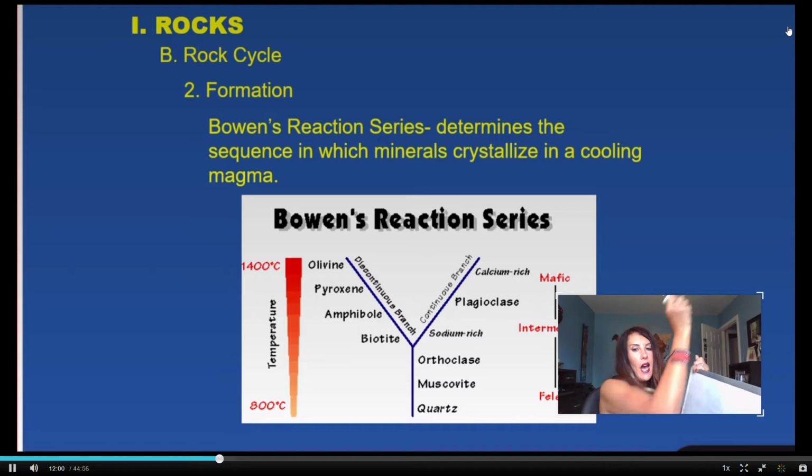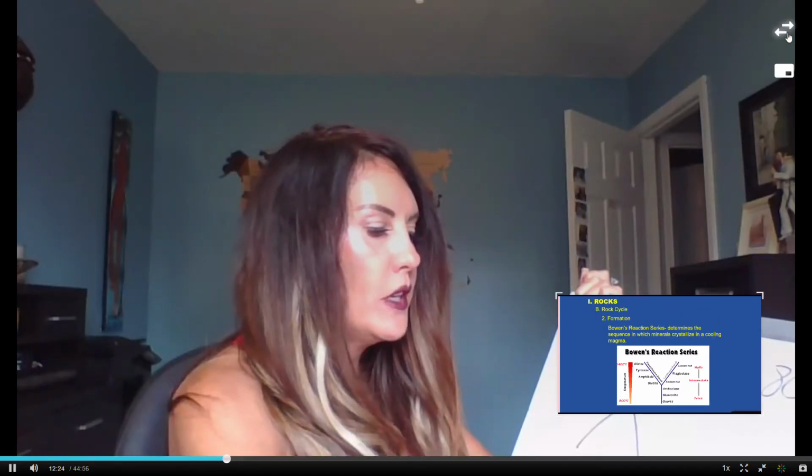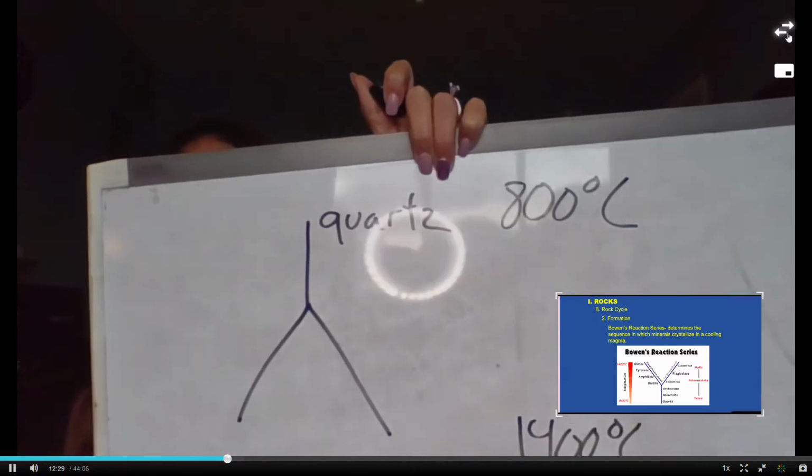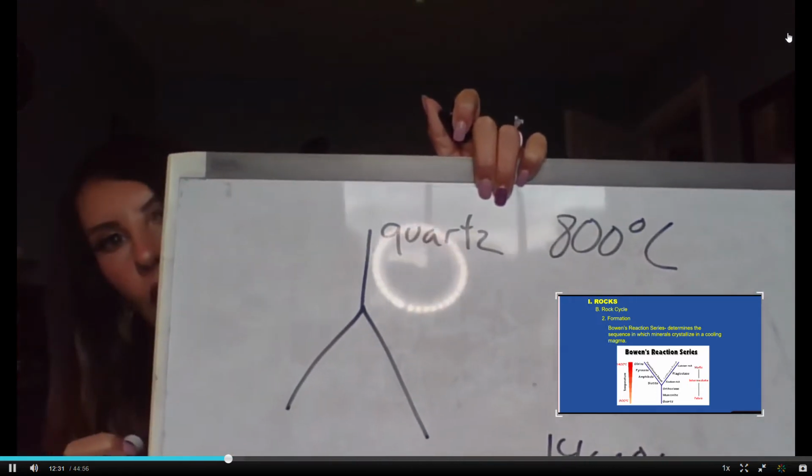I'm going to write this inverse, because truly Bowen's reaction series should look like an inverse Y, where quartz is up here at the top, and the temperature that relates to quartz is 800 degrees C, and we'll put 1400 degrees C down here at the bottom. So if you could rewrite that in your notes to look like an inverse Y.